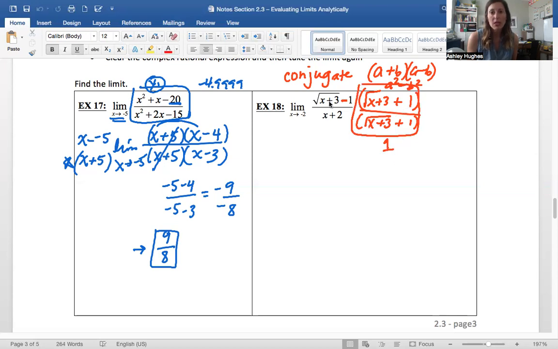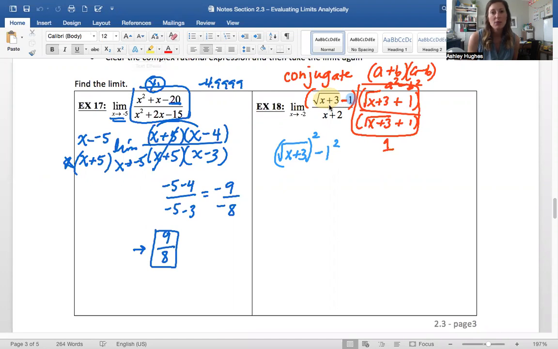That's why it's legal. But we do this because now when I go to multiply this top out, you always get the first quantity squared minus this guy squared. That's what happens. That's the pattern. So I'm going to get the square root of x plus 3 quantity squared, because it's a squared minus b squared, minus this quantity 1 squared.